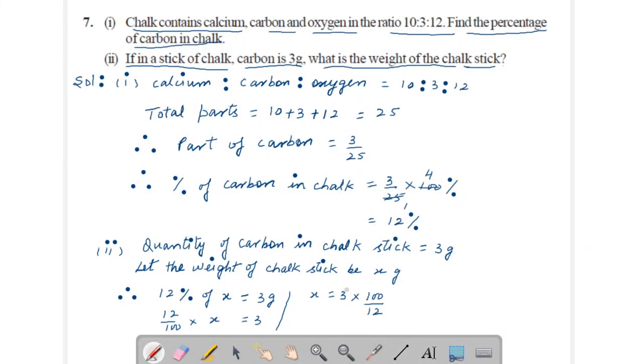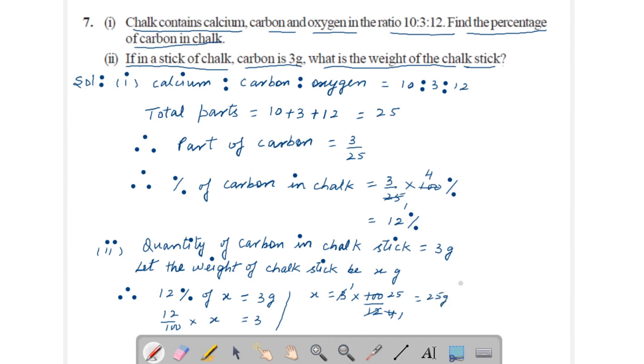Simplify it. 3 1 ja, 3 4 ja 12, then by 4, 4 1 ja, and 25 4 ja, that is equivalent to 25 gram.